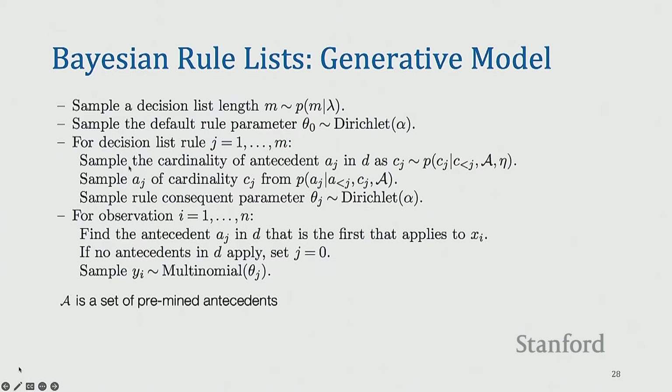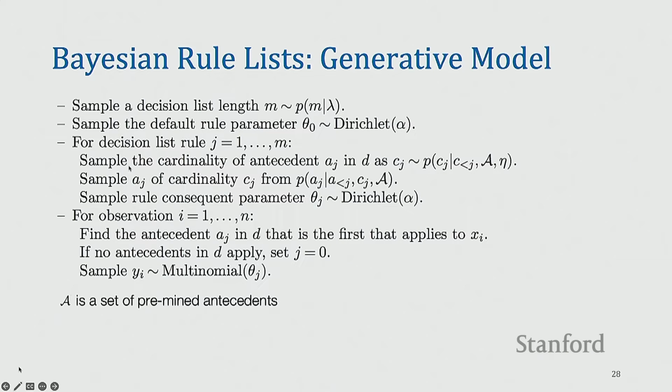So what is this particular generative model trying to do? Essentially the generation process says, first of all, pick a list length. So how many rules are there in the list? We sample that number, and then we sample a default rule which will apply for things that no other rule is going to apply for. And then we sample the m different other rules in our if-else-if set of the list.